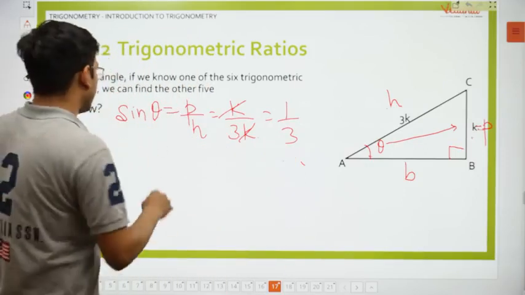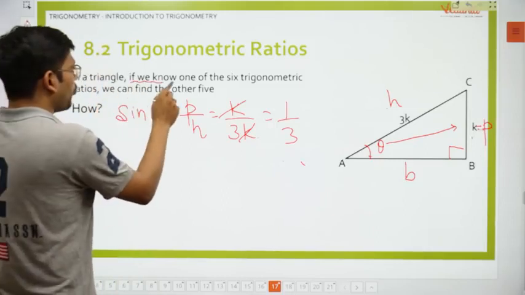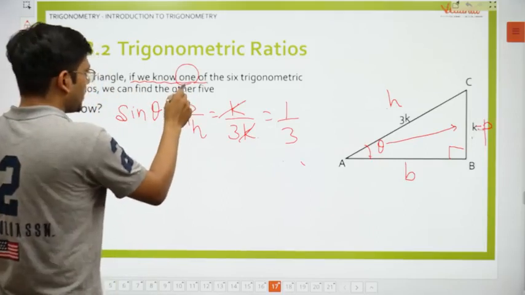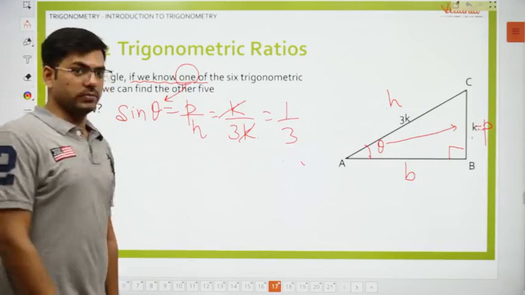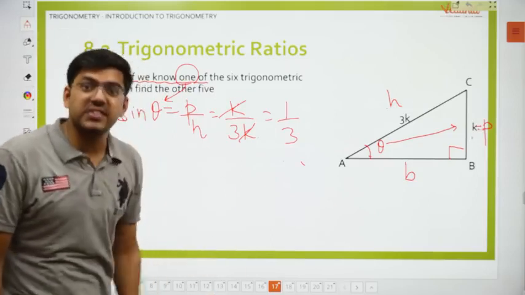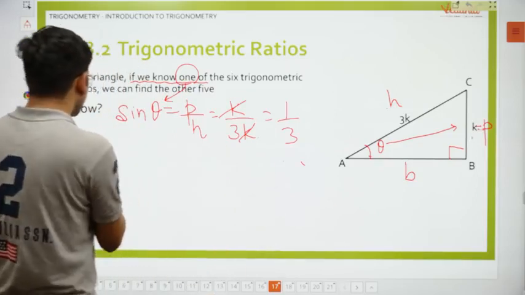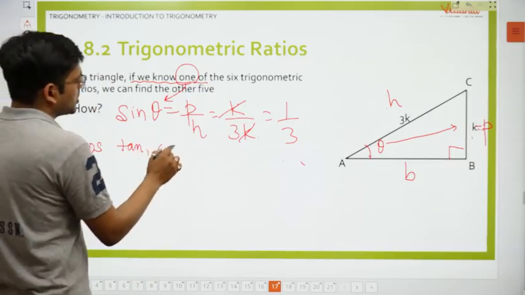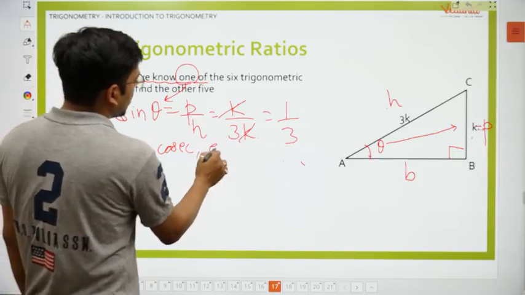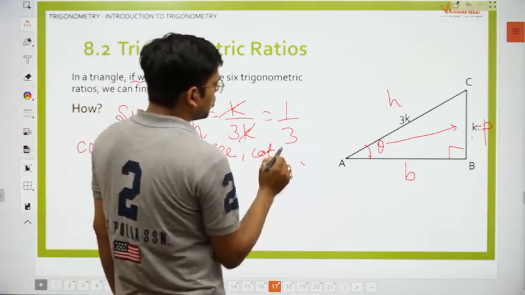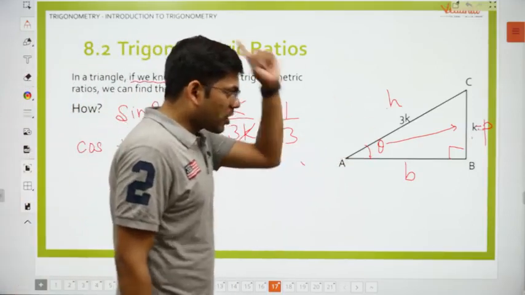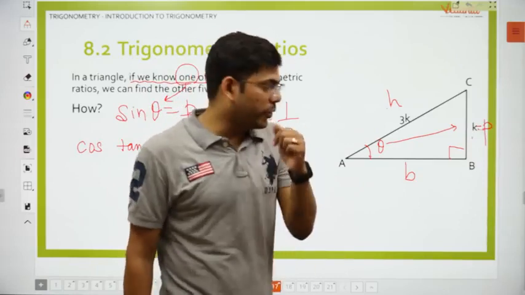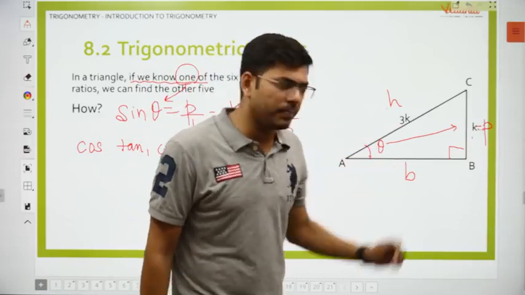Now the question is asking that if we know one of the T ratios, means sine theta, then what about the other T ratios? The other T ratios means cos, tan, cosec, sec and cot. We will try to find this. Now, first of all, do all of you know about the Pythagoras theorem?